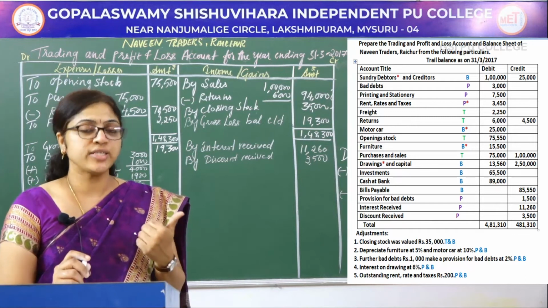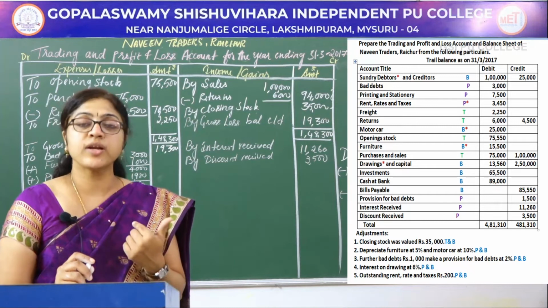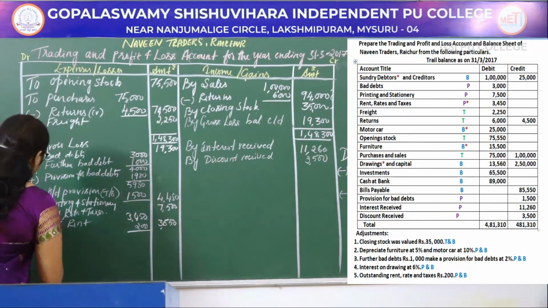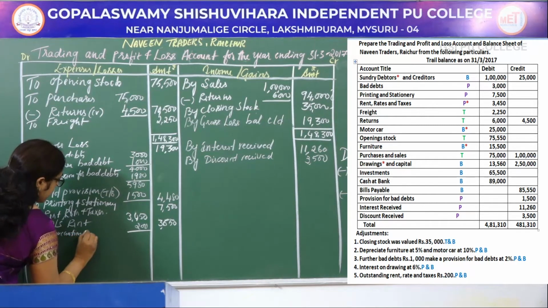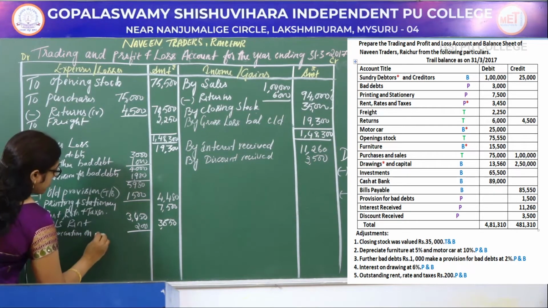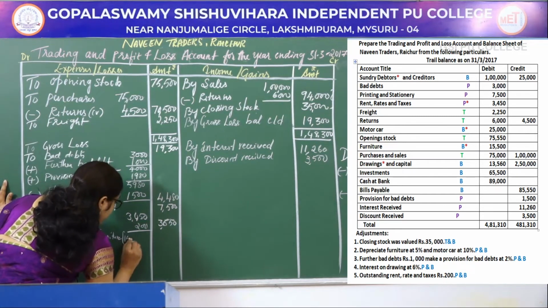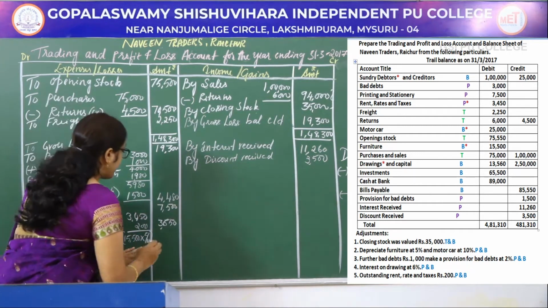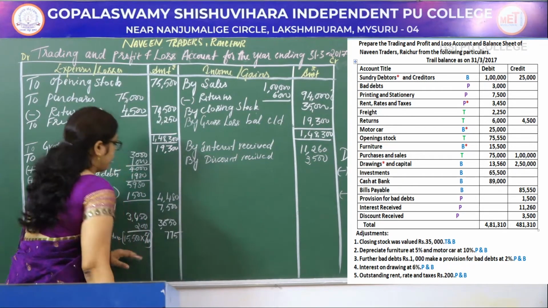Closing stock already adjusted in trading account. Depreciation on furniture 5% and motor car at 10%. So record here on the debit side, to depreciation on furniture, amount is 15,500 into 5 divided by 100, amount is 775 rupees.